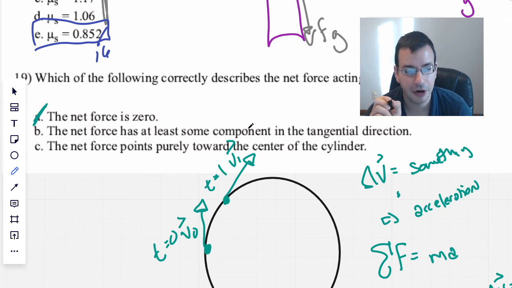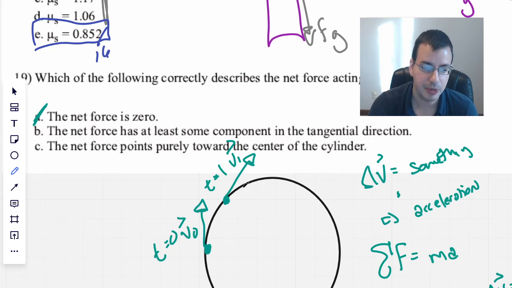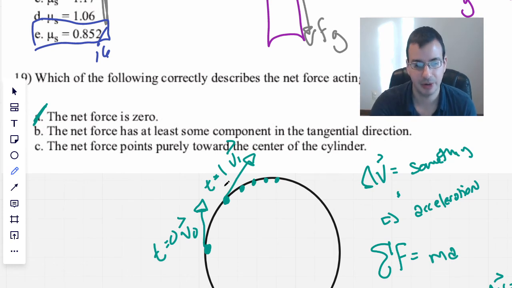Okay, so if there was a component in the tangential direction, then the bug would basically be moving faster than the lampshade. You can think of it as the bug basically crawling around the lampshade as the lampshade is also spinning. But we're told that he's stationary with respect to the spinning cylinder.